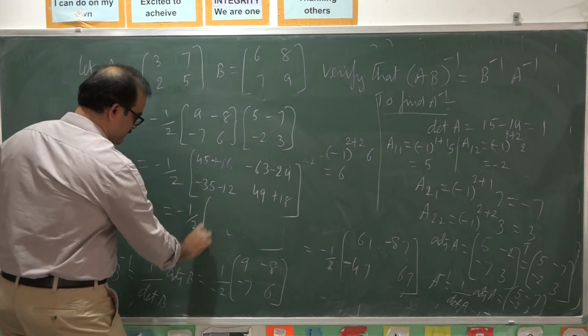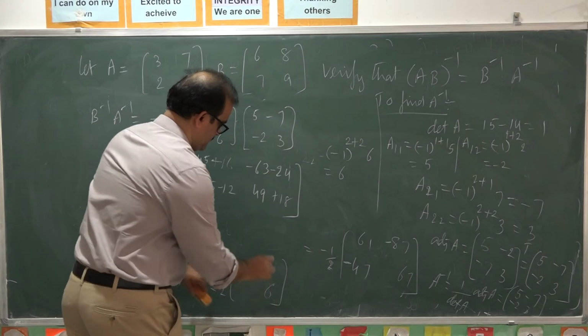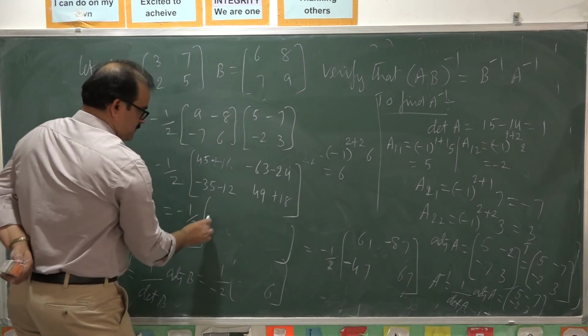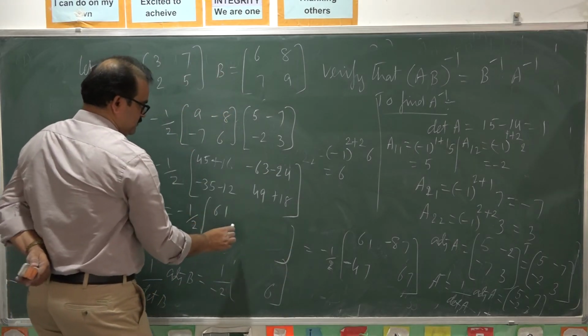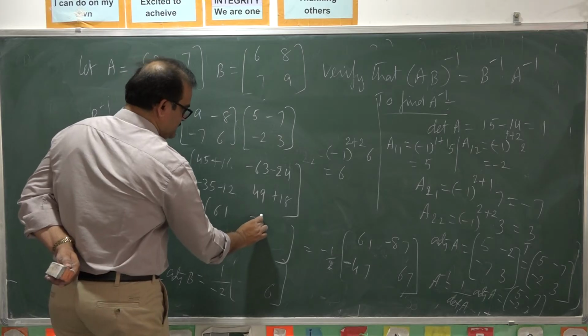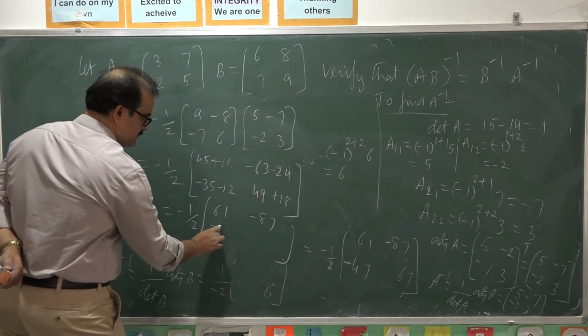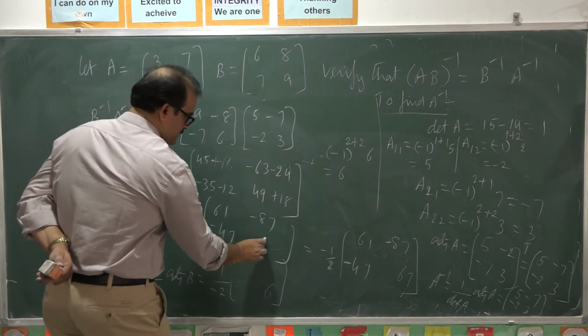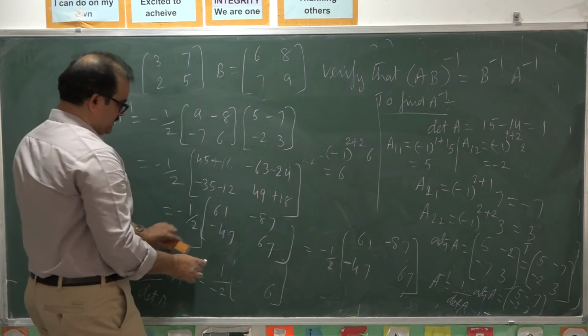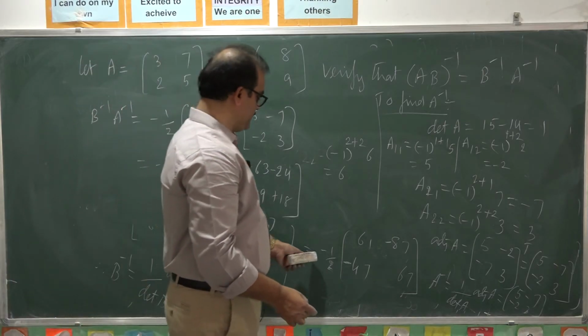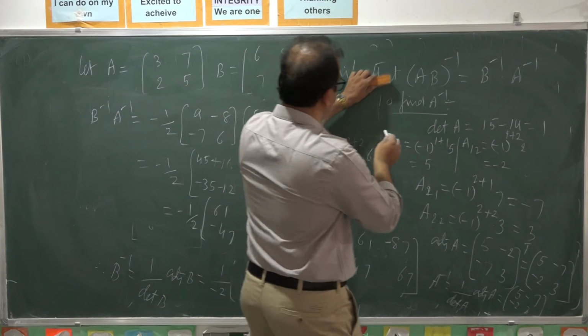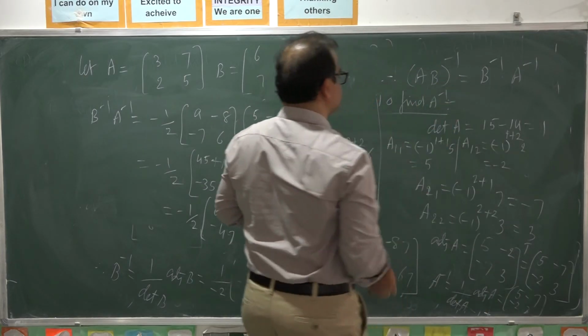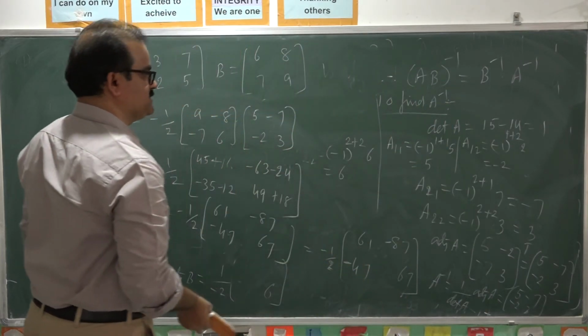This is minus 1 by 2 into 61, minus 87, minus 47, 67. So this equals to AB whole inverse. Therefore AB whole inverse is equal to B inverse into A inverse.